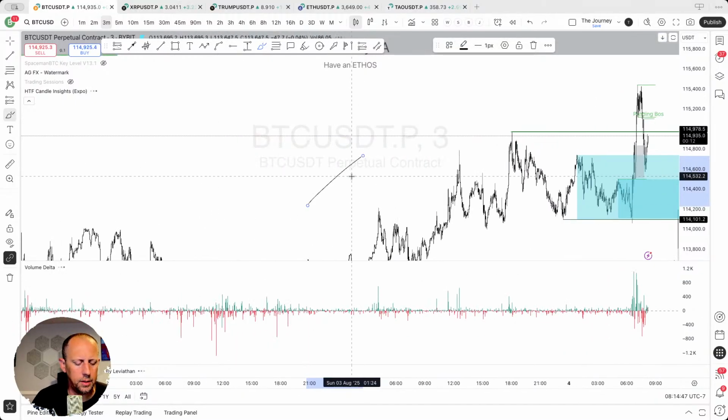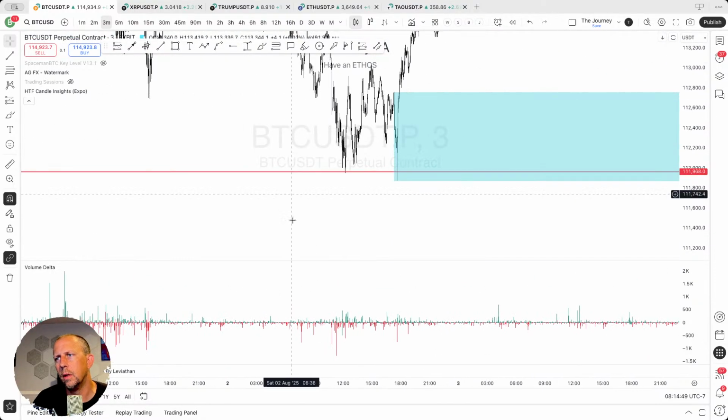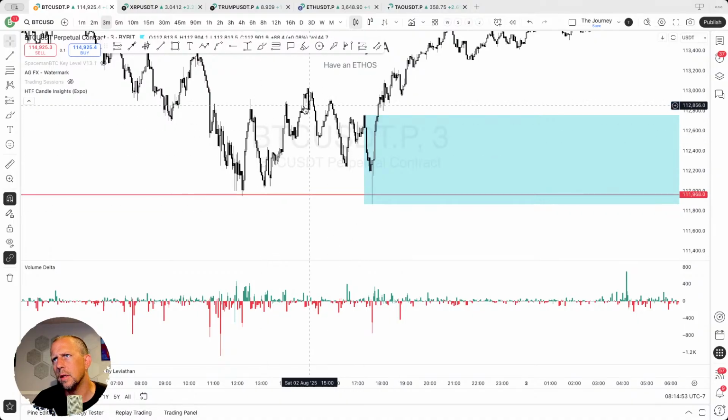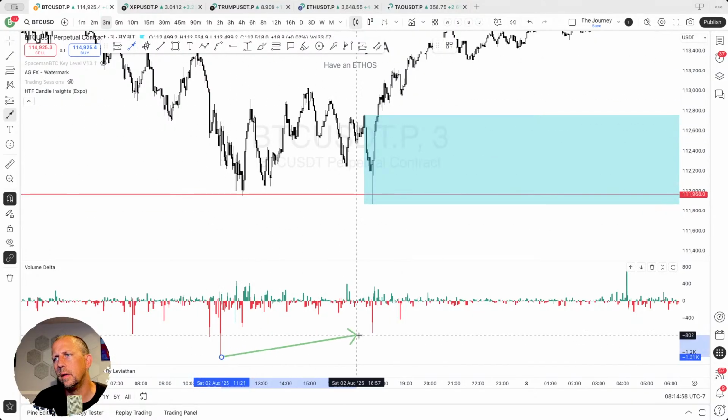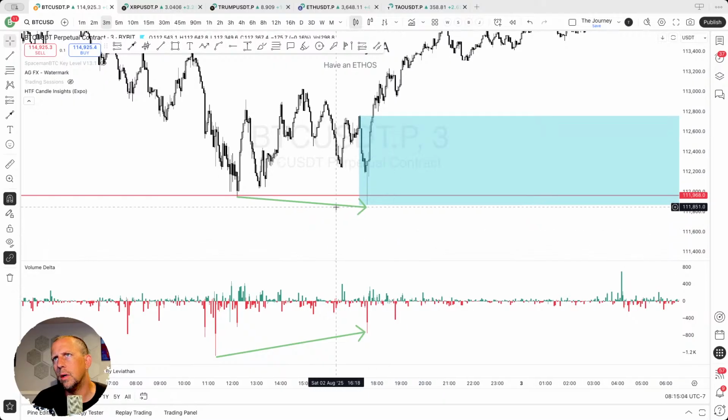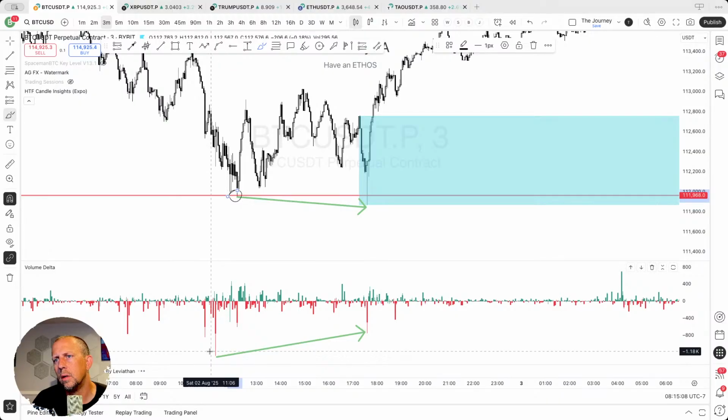So if we go back down to the low that got put in when we backtested the prior all-time high, this low right here, it had a divergence in volume, in negative volume. And then you also had trapped sellers here, and you had trapped sellers here.